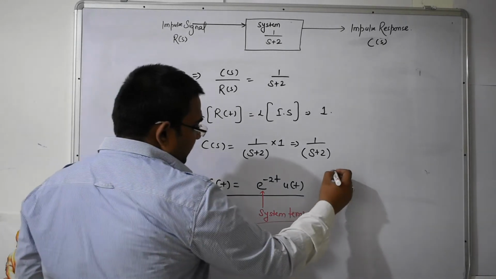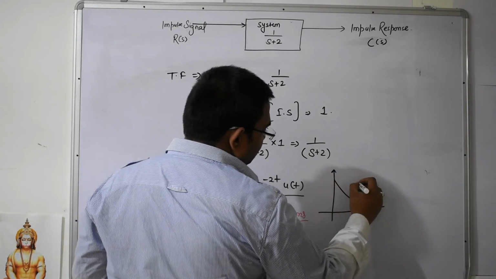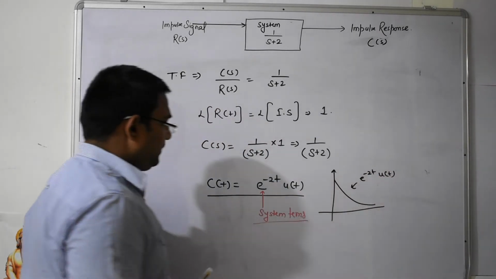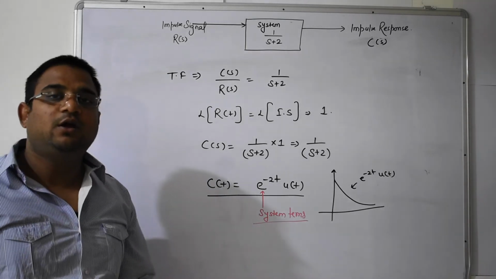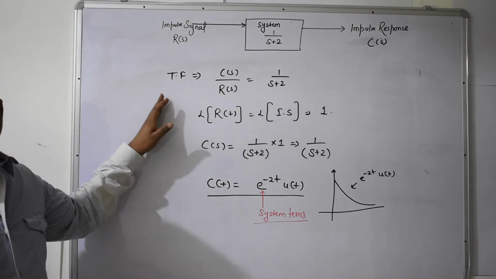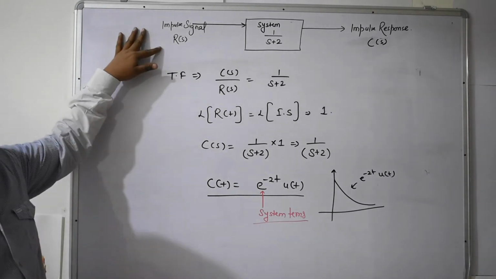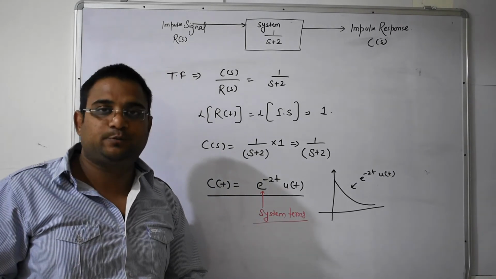Here the behavior of the system is exponentially decay. So the impulse response represents the system characteristic or the behavior of the system. It is also called the natural response of the system. But if I am giving any other signal instead of impulse signal, the response is called the forced response.